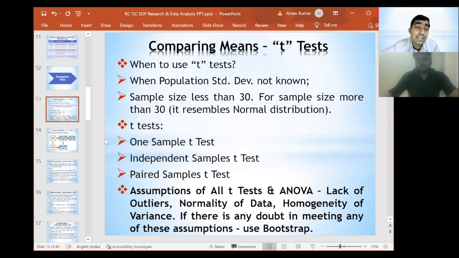So I can tell you that in some of the best journals, top journals of the world, you will find research papers published not even on correlation or regression, because that is also not required, but just on the basis of parametric techniques or comparing means.